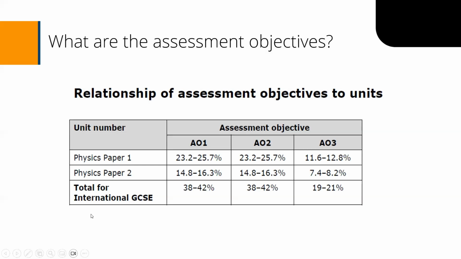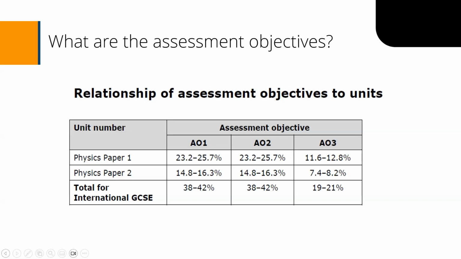And it reflects the fact that in the linear course, paper 2 includes assessment of all the content, whilst paper 1 only assesses the content which is common to both separate physics and the physics element of double award science.